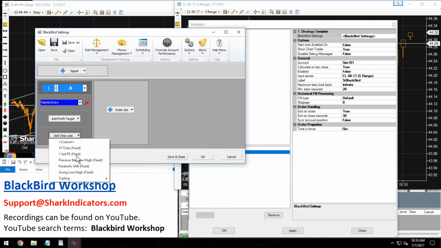So for example, you can attach your stop loss to an indicator. The one indicator we have built in is the parabolic SAR that's included with NinjaTrader.